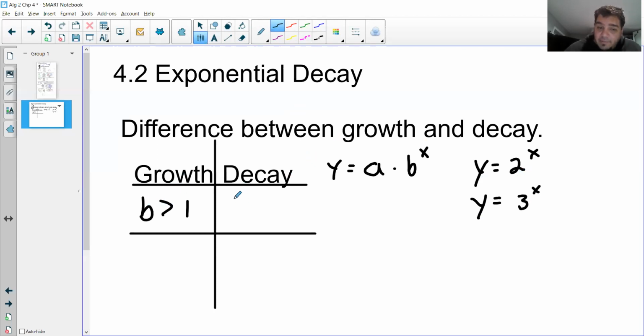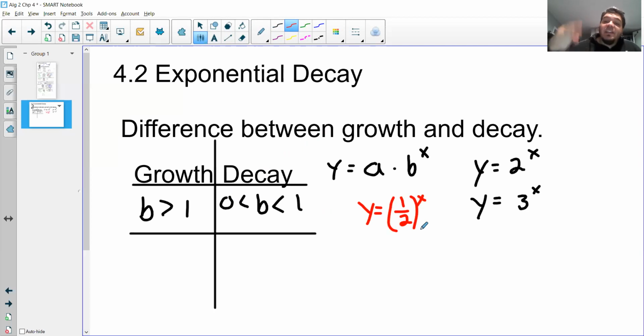A decay is b less than 1, but bigger than 0. So what do I mean by that? If I were to do a decay, like y equals 1/2 to the x power, that would mean each step I'm cutting it in half, right?